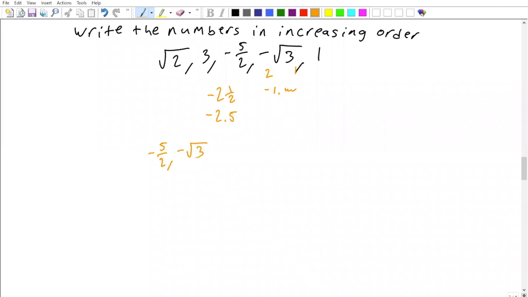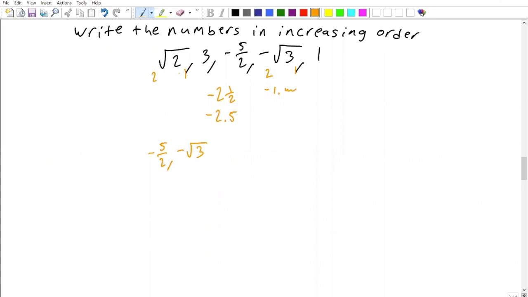Then we get into positive numbers. Again, we got to look at a square root. Square root of 2, again, square root of 4 is bigger. So 2 is bigger than it. 1 is less than it, because 1 times 1 is 1. So that means 2 is bigger than it, but 1 is less than it.